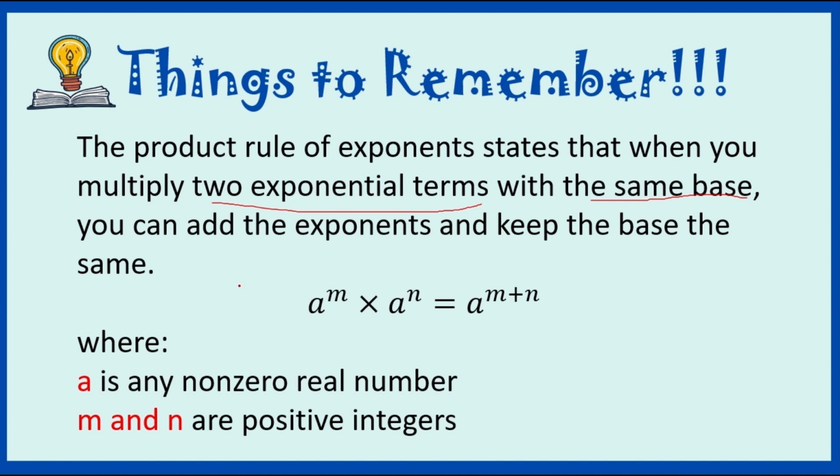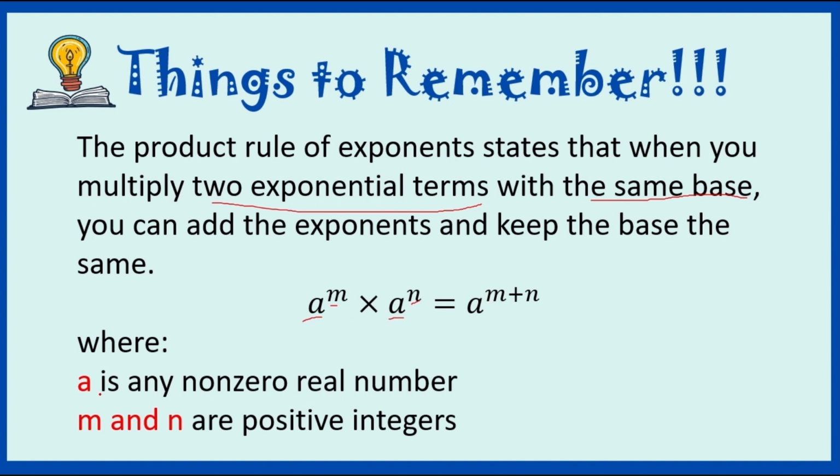This can be represented by a raised to m multiplied by a raised to n is equal to a raised to m plus n. As you can see, the two terms have the same base, which is a, and their exponents are different, m and n. All you do is keep the base the same and add m plus n.